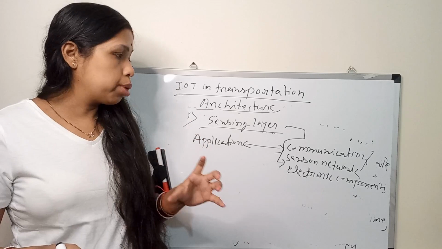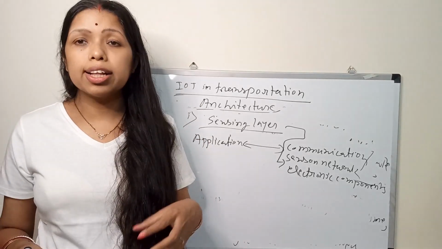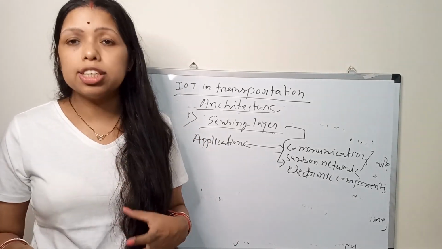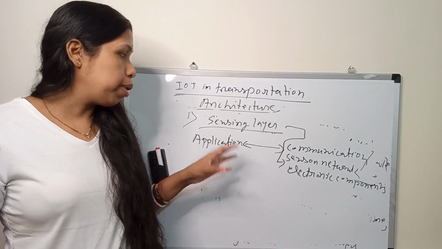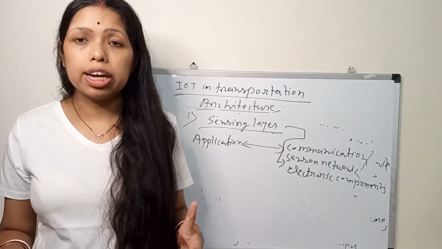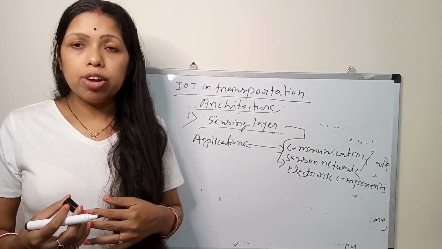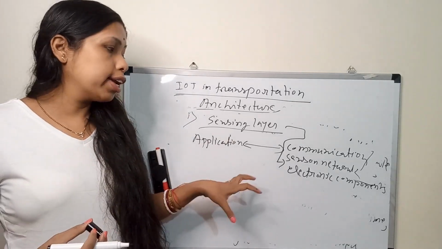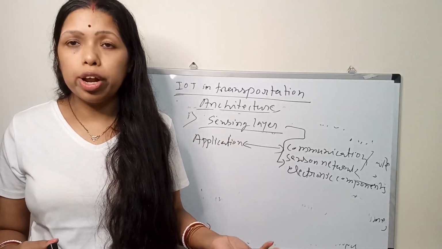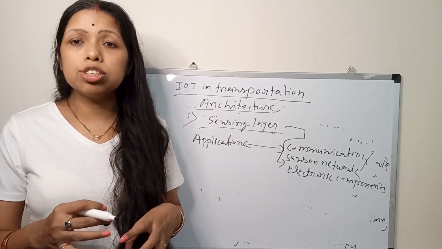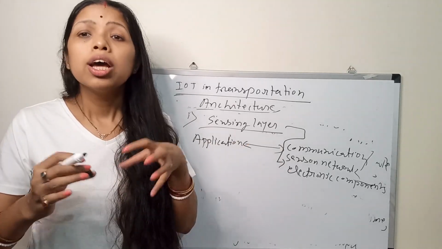For performing those activities, we need to collect the data from the application layer. By using the sensing layer, the data is collected from the application layer. For collecting data, we need electronic components and sensor networks. By using the sensor network, different kinds of data can be collected.